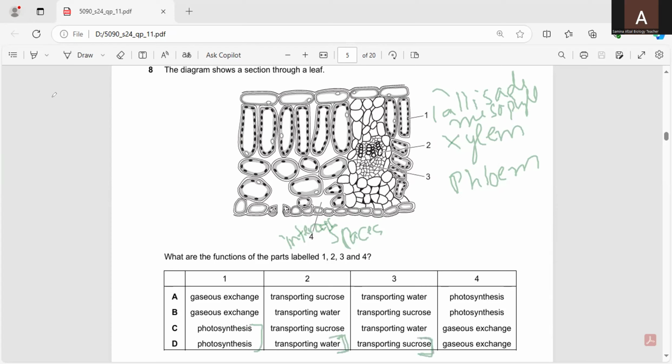And the function of intercellular spaces is that they increase the gaseous exchange. According to this, the answer is D. A, B, C are the wrong answers. Only D is the correct answer according to these labelings.